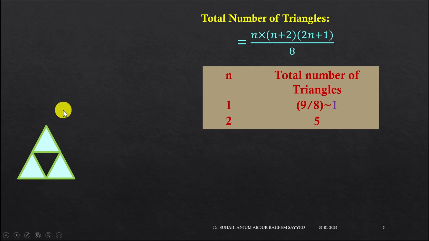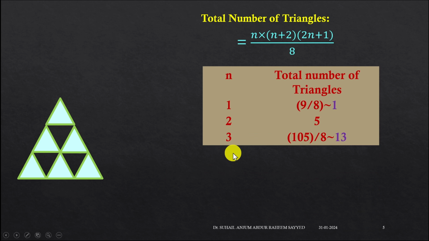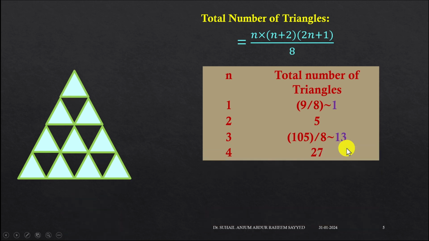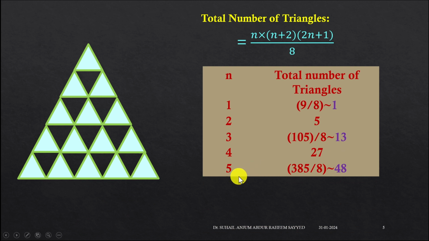Now if we have n equal to 3, in the similar way we can find out the number of triangles. Here we have to consider the integral division, so we get 13 triangles. Now if you put n equal to 4, we will get similarly 27 triangles, and if you put n equal to 5, we will get 48 triangles.